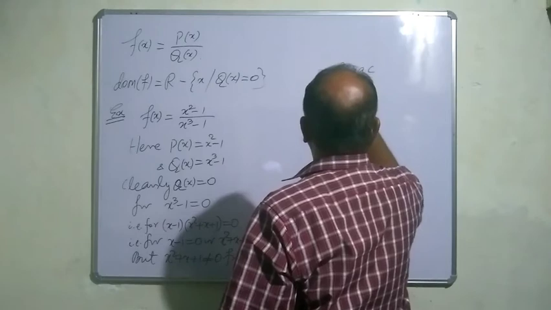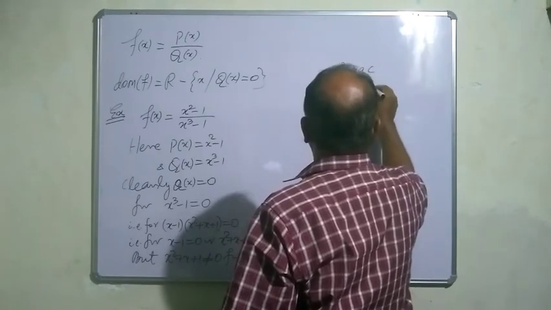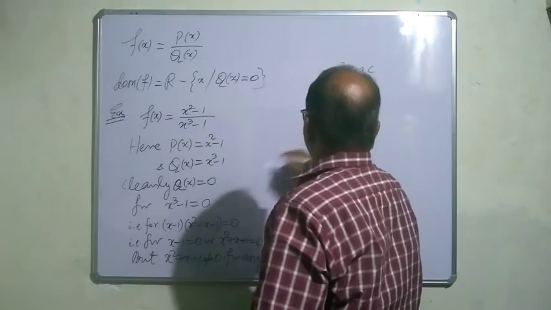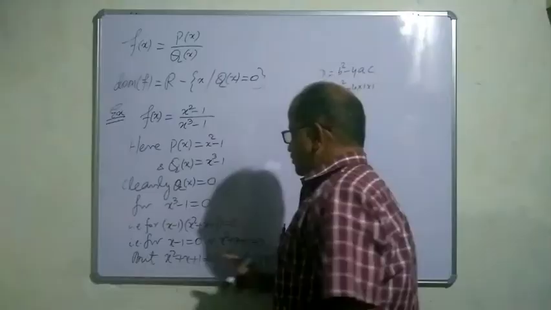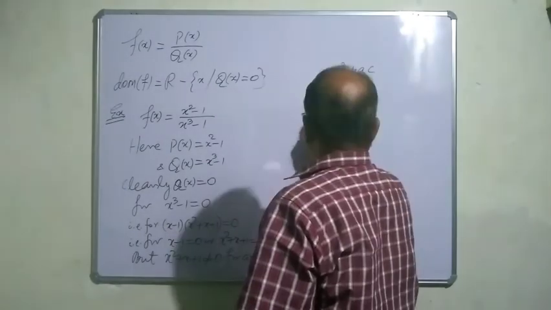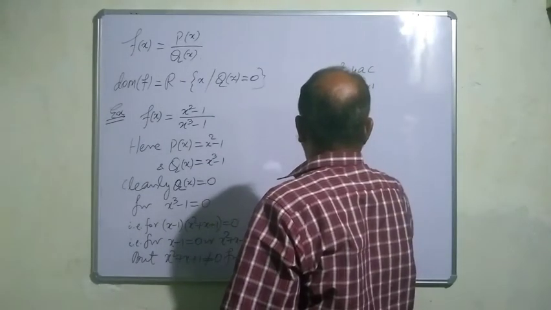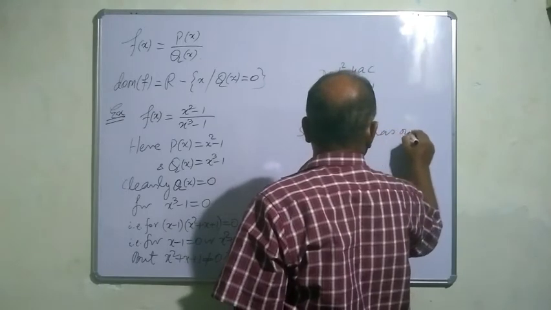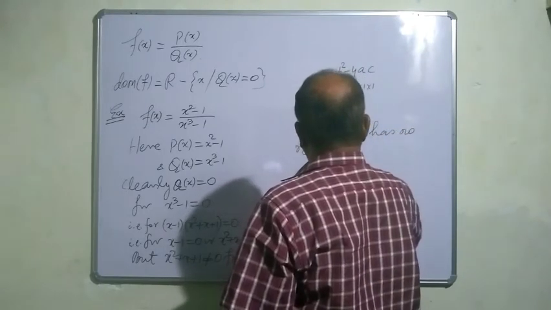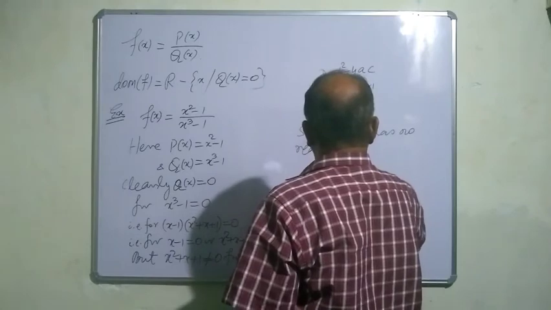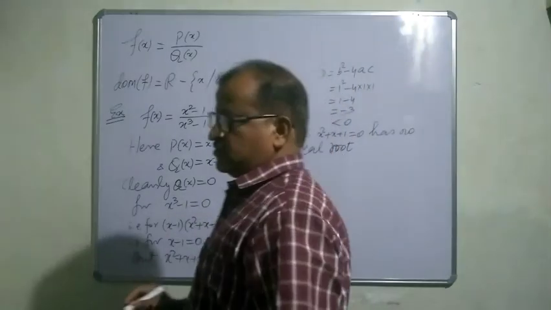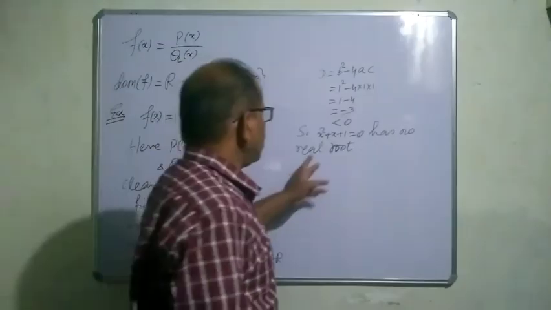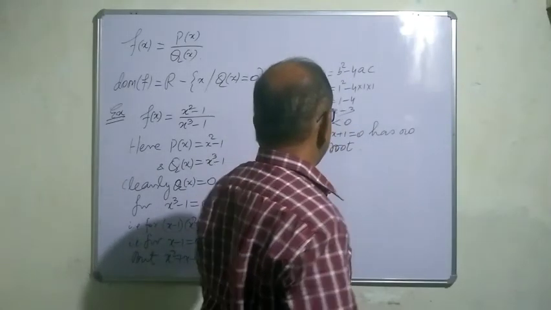So it is 1 square minus 4 into 1 into 1, that is 1 minus 4, that is minus 3, which is negative. So x square plus x plus 1 is equal to 0 has no real root.